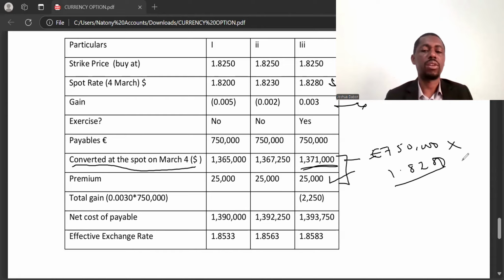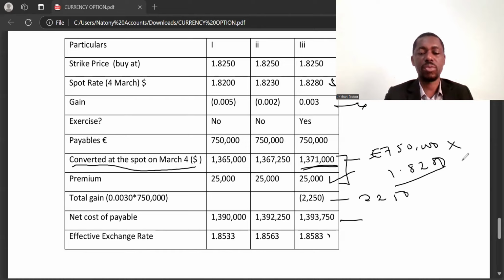But from the contract, the company made a gain of what? 2,250. As a result, the costs will reduce by that gain. So the net payable will now become 1,393,750. So what will now be the effective exchange rate?